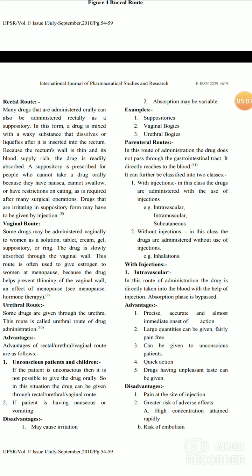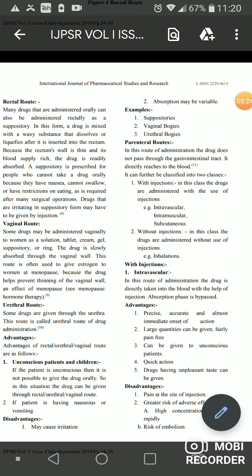Now, coming to the parenteral route. In this route, the drug does not pass through the GI tract and reaches the blood directly. It can be further classified into two classes: with injection, which is IV, IM, and subcutaneous, and without injection, in which the drug is administered without injections, such as by inhalation.